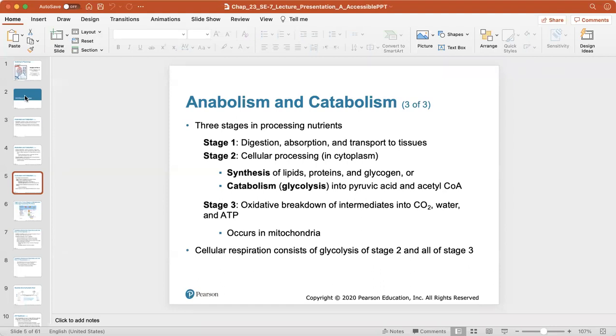So this all happens in the cytoplasm of the cell. And then stage three occurs in the mitochondria, which is the oxidative breakdown of these intermediates, whether that's pyruvic acid or acetyl-CoA, into carbon dioxide, water, and ATP. Cellular respiration consists of glycolysis of stage two and all of stage three, and that's what we will focus on.